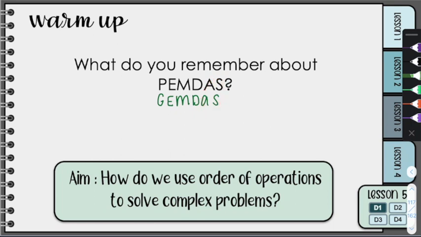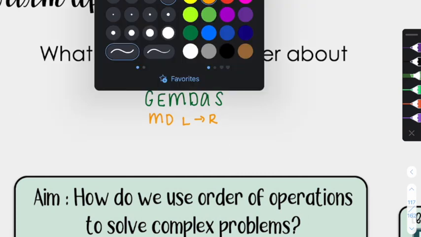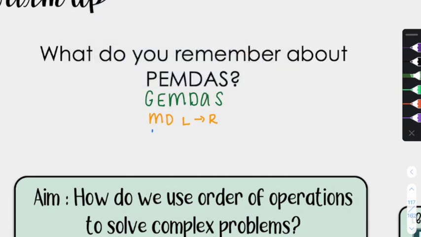The thing that you really have to remember is that with addition and subtraction and multiplication and division, you're moving from left to right. So whichever operation is going to come first when you're going from left to right. Again, that's for multiplication as well as addition and subtraction. You're going to go from left to right in the expression.